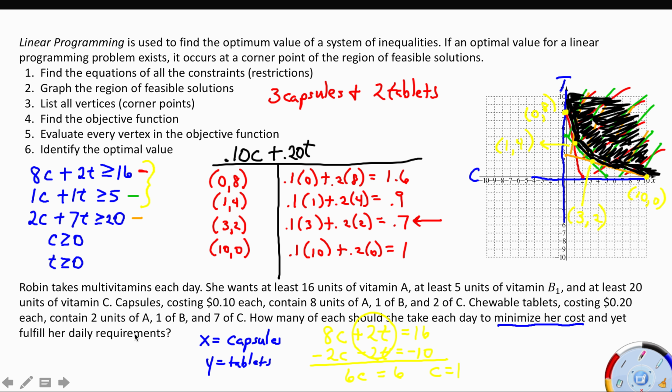Actually, that's the only question this one asks. But be aware, sometimes it'll also ask, what is her minimum cost? So if it asks that, her minimum cost would be 70 cents per day. Right? 70 cents per day.